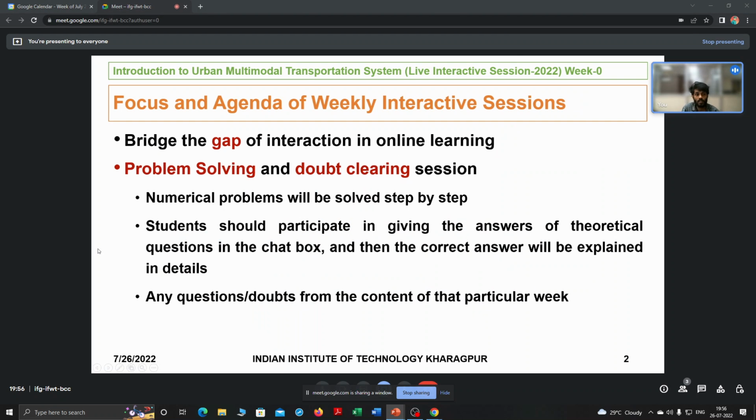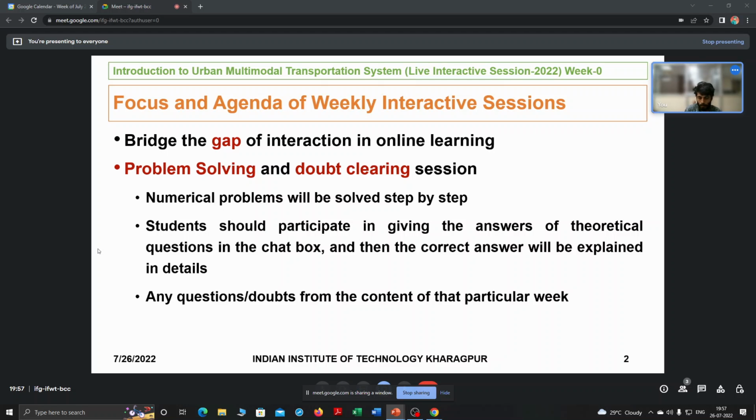So now the basic focus and agenda of conducting this weekly interactive session is to bridge the gap of interaction in online learning, right? Generally, in any online course that is offered worldwide, there is less interaction between the teachers and the students than what actually happens in the classroom. We need to reduce the gap so that the learning process becomes easier and the students get more involved.